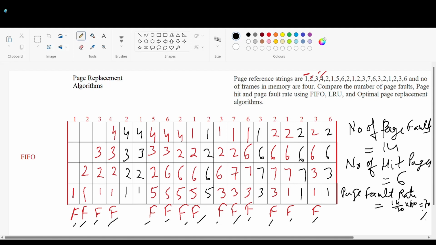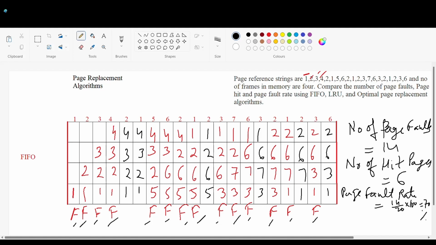So the number of page faults is equal to 1, 2, 3, 4, 5, 6, 7, 8, right? And the number of page hits is equal to 12. So the page fault rate is equal to 8 divided by 20, multiplied by 100.